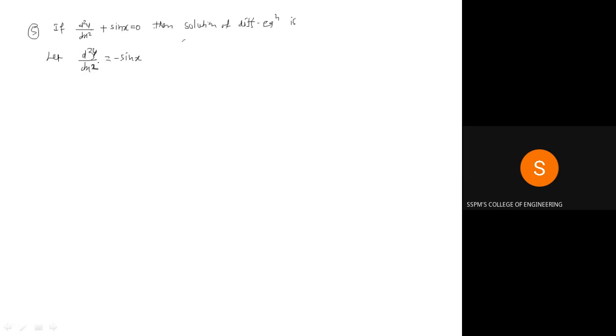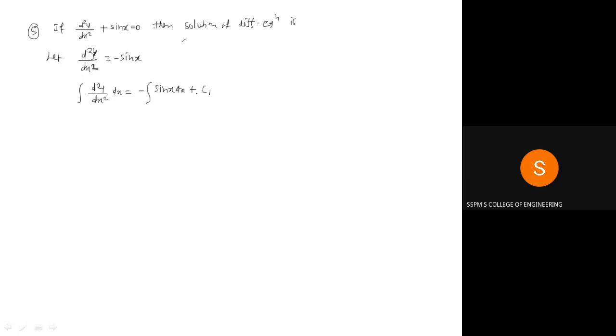So integrating this how many times? 2 times. So what is the first integration? Integration of d square y by dx square into dx is equal to minus integration of sin x into dx plus c1.